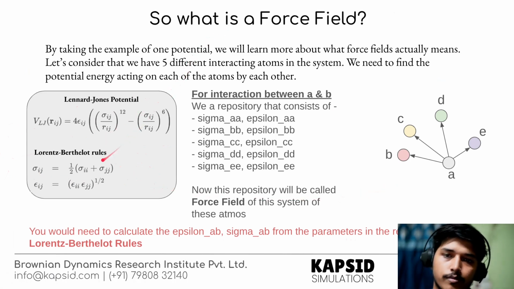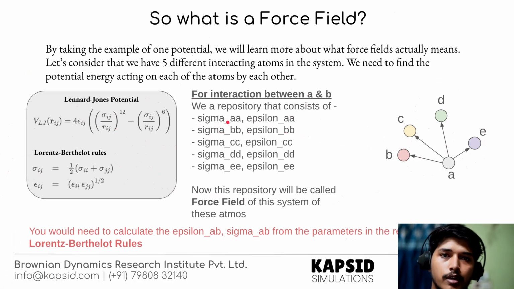So, coming to our small demo, in the force field you will have sigma AA. Let's call two molecules. Here's a set of five molecules, all of them named A, B, C, D and with different colors.